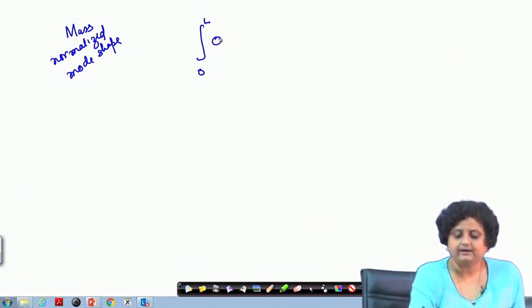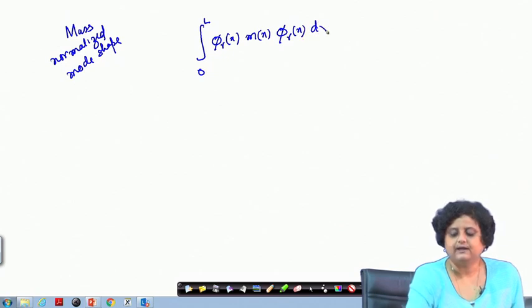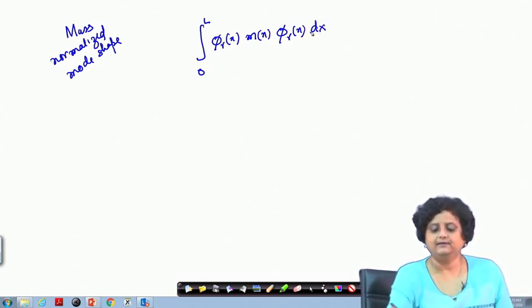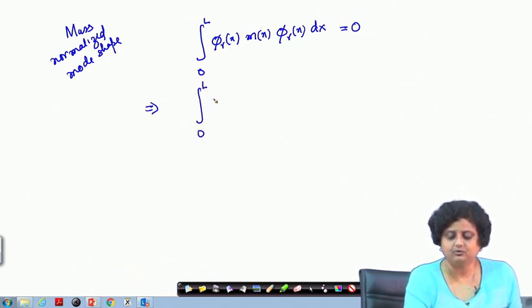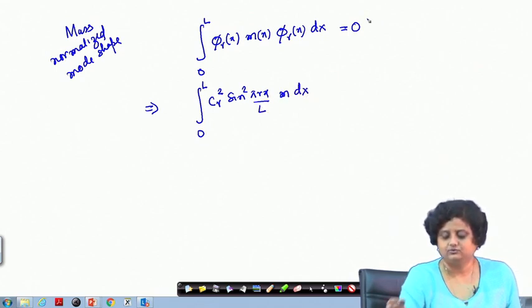I have to take integral of phi r x m x phi r x dx and forcefully make this equal to 1. So, for our case, if we mass normalize, we will have integral from 0 to L of C r square sin square pi r x by L into m into dx.